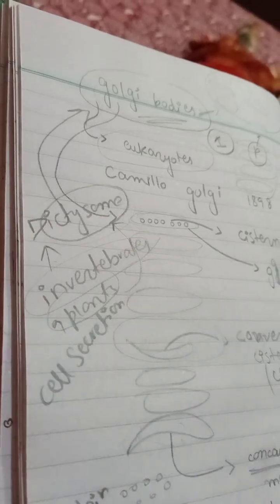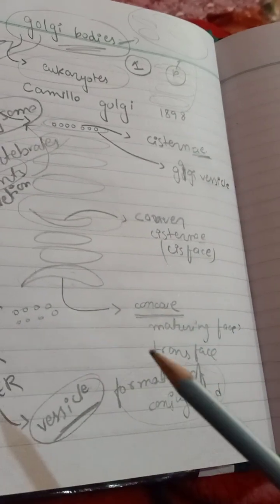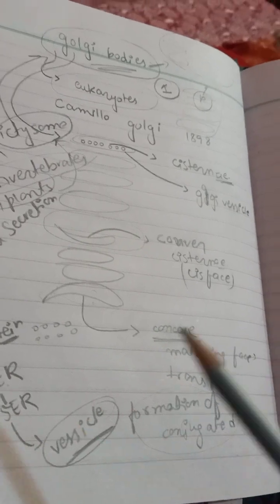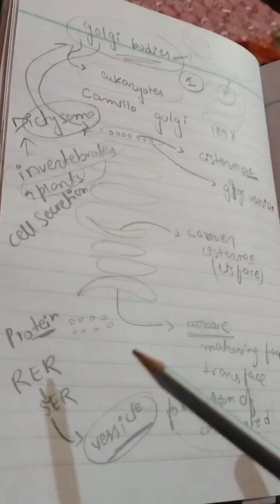So there are many organelles, like lysosome and peroxisome, which basically develop from the Golgi bodies, as we have discussed.